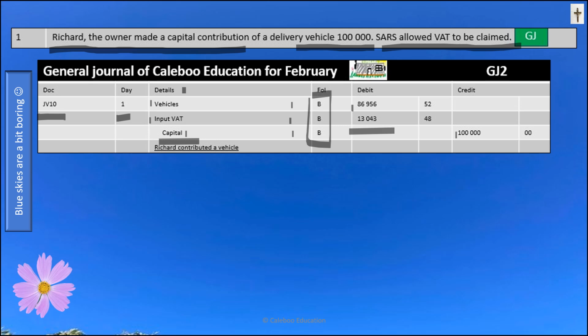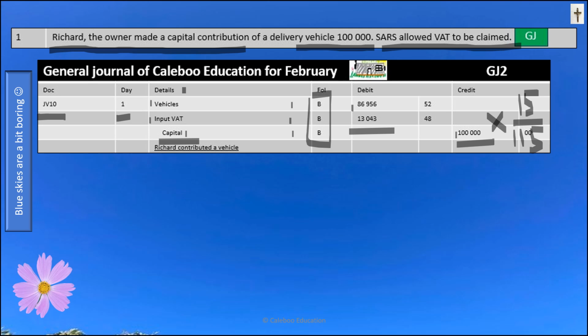Remember, in order to get the VAT amount, because all amounts are inclusive of VAT, we say 100,000 multiplied by 15 over 115. If you've watched my video on VAT, that is the VAT fraction.